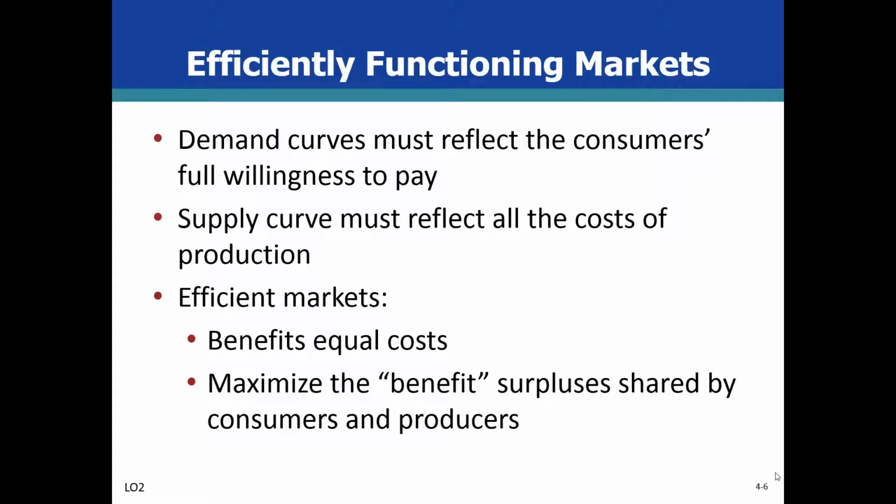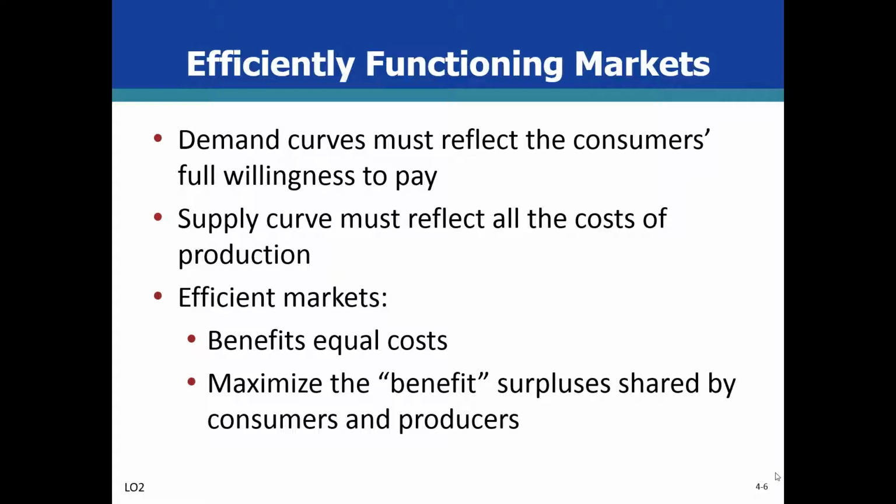If these conditions hold, then the market will produce only units for which benefits are at least equal to cost. It will also maximize the amount of benefit surpluses that are shared between consumers and producers.